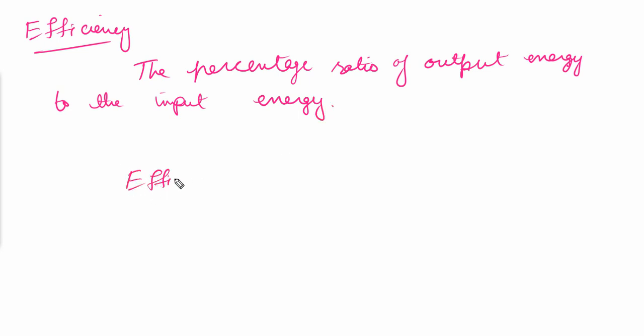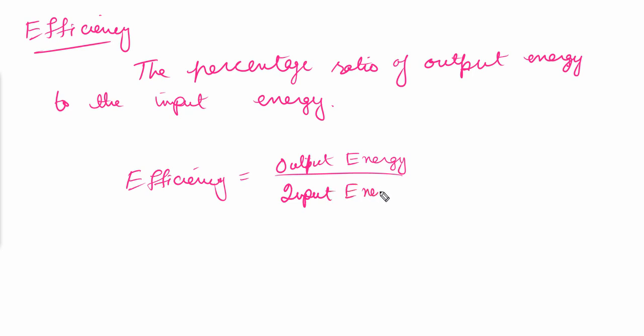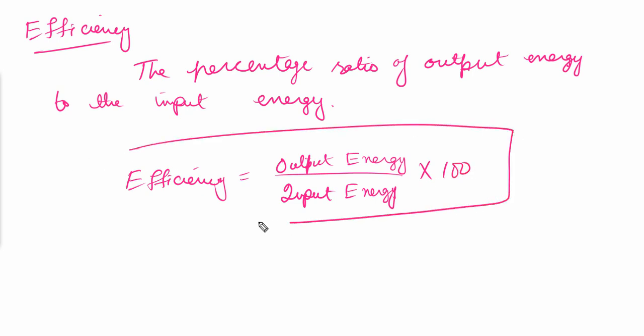So I'll say that efficiency will be equal to output energy divided by input energy times 100. So this is the efficiency. Okay, so this is the definition and the formula of efficiency.